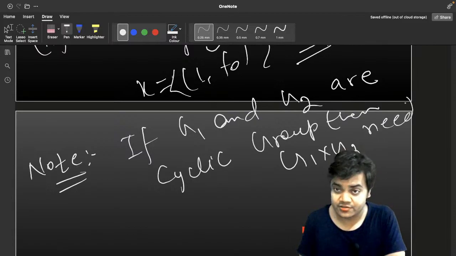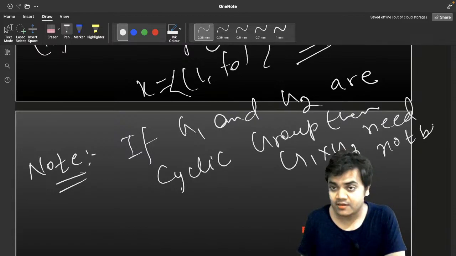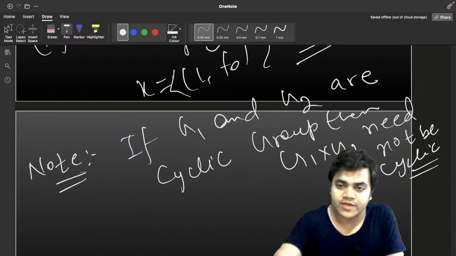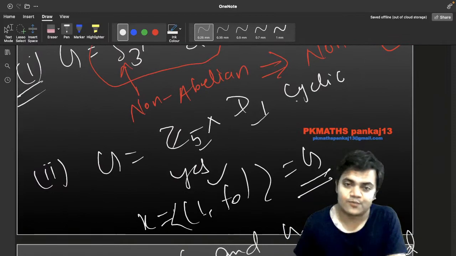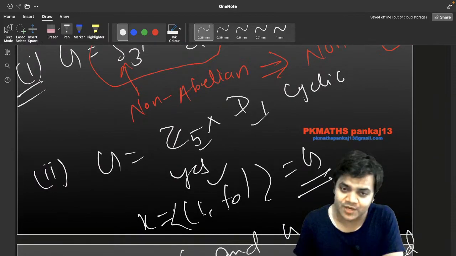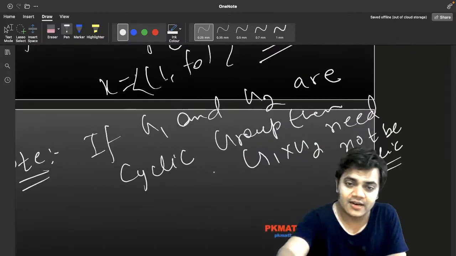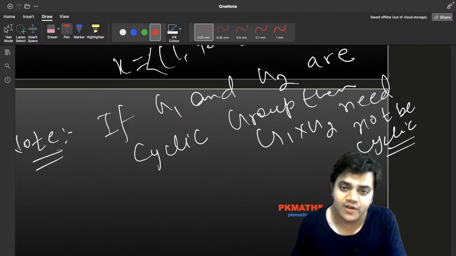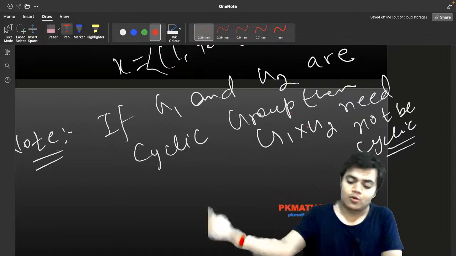Yes, it's true. Before this we had already seen that both were cyclic and its product is cyclic because it has the element of order 10 as well. But one very interesting note is what?